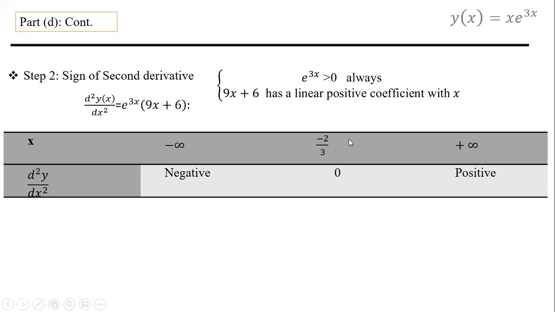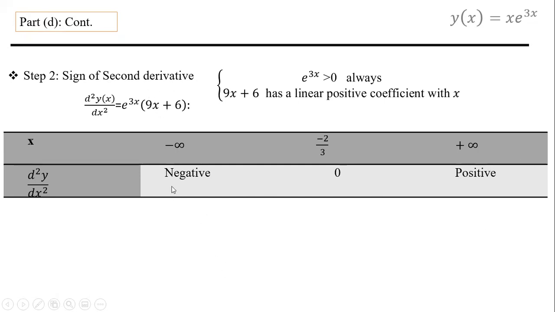So we use this sign table. The point where the second derivative is 0 is in the middle, and we go from minus infinity to positive infinity. If we put minus infinity in the second derivative, we find it is negative, because when x is smaller than minus 2 over 3, the linear part is negative. When x is larger than minus 2 over 3, the linear part is positive.